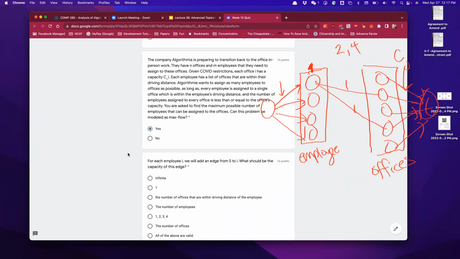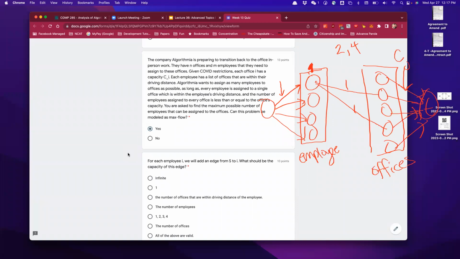Yeah, Jonathan? Would it be that they're only assigned to one? They're only assigned to one office. So how can we guarantee that each employee only gets assigned to one office? Can you do the deferred acceptance one for that? This algorithm, you could use deferred acceptance because the offices don't have a preference.